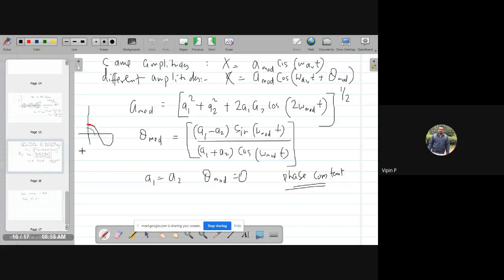Okay, one second. I'll get back to this once again. I think I should explain it a little more clearly. So initial phase always means that it starts somewhere, right? So probably, let's say this is where A1 starts and X1 starts, and let's say this is where X2 starts.